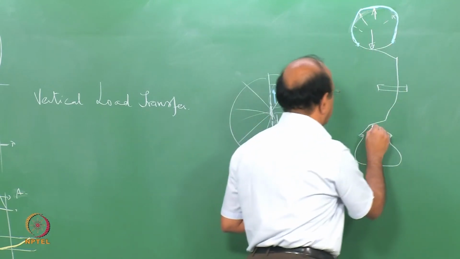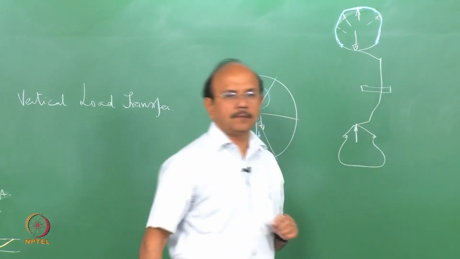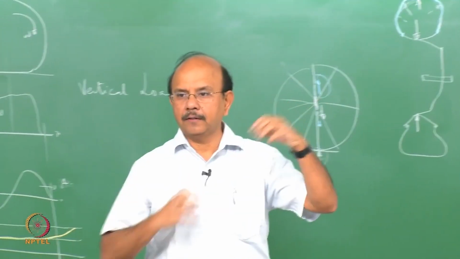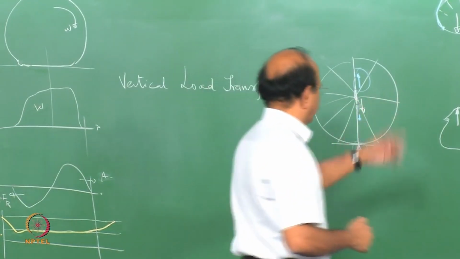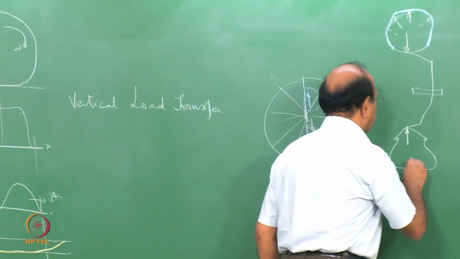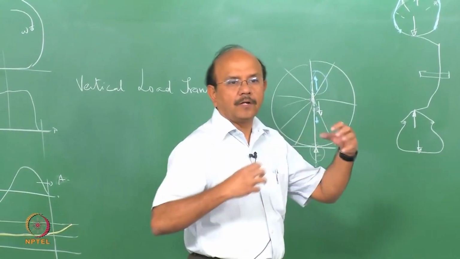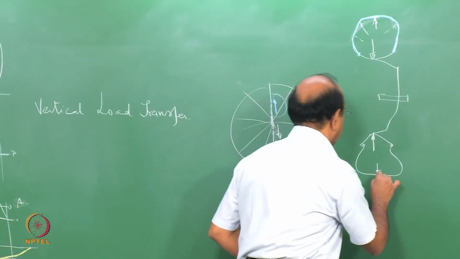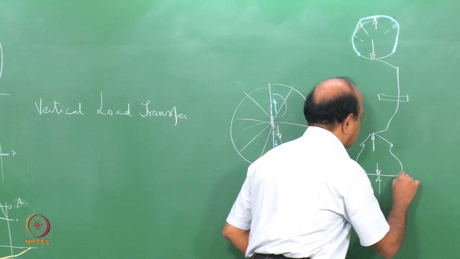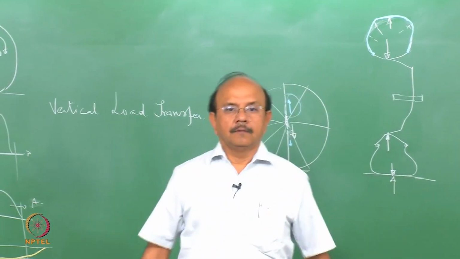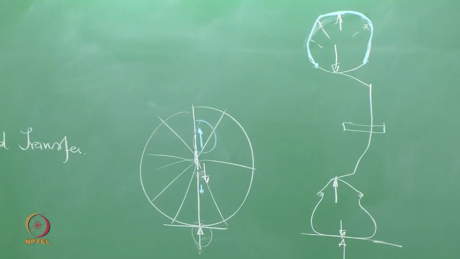There's an inflation pressure like this, which acts on the rim. Let's say that it's a tubeless tire. A tube tire doesn't make any difference. That is the inflation pressure, and that's the ground reaction. Clear? This is how it acts.